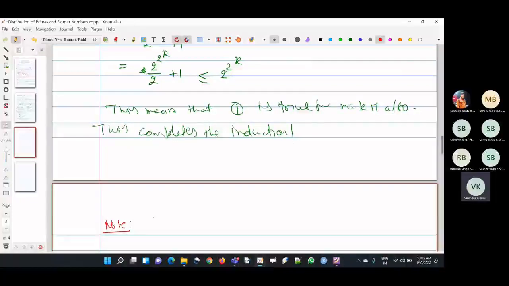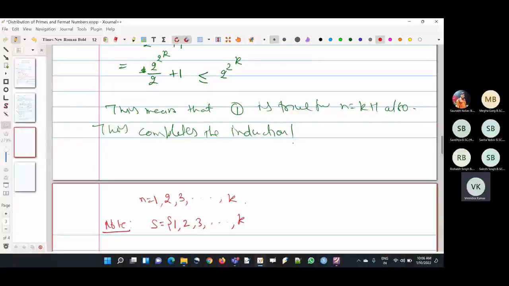we have verified it for n equals 1, okay, and then let us make a set. The result is true for n equals 1, fine. So let us keep the 1 in this set. And then we have assumed this is also true for n equals 2, 3, and up to k. So let us keep these numbers for which we have assumed the result is true, 2, 3, up to k.